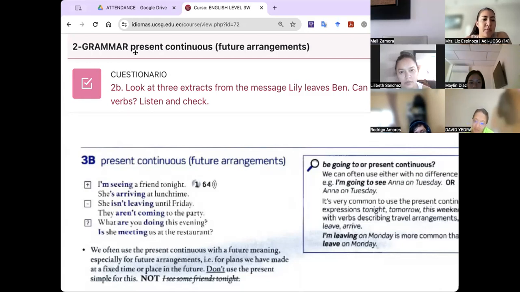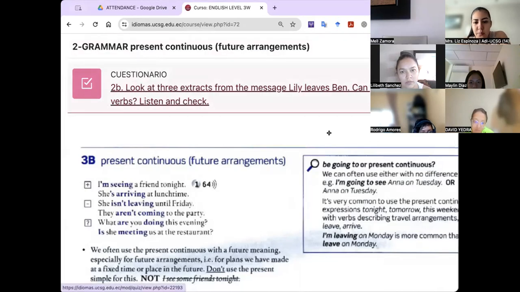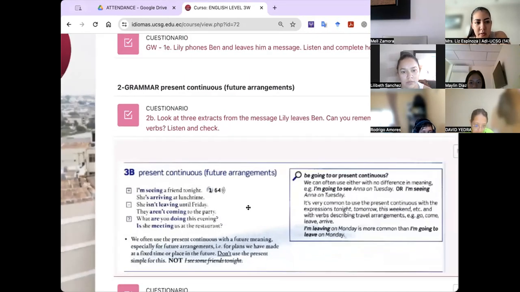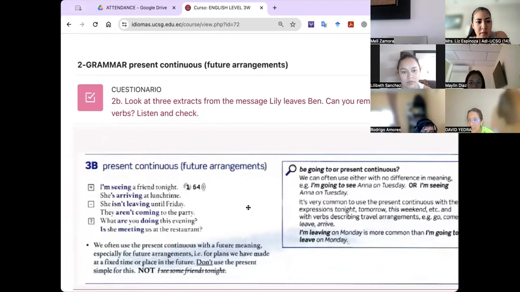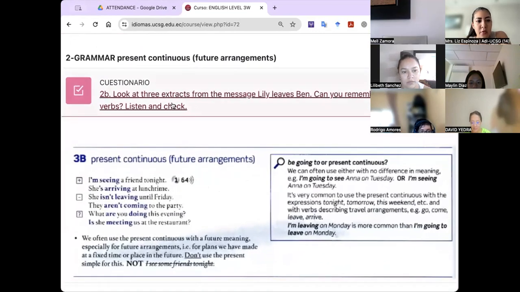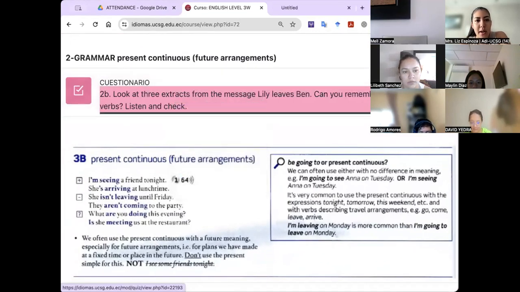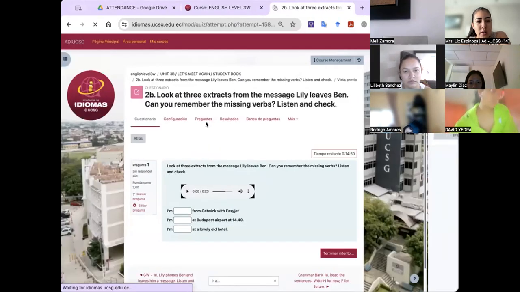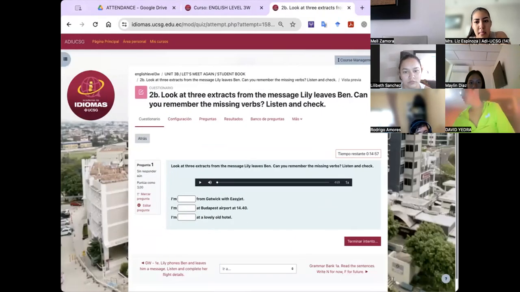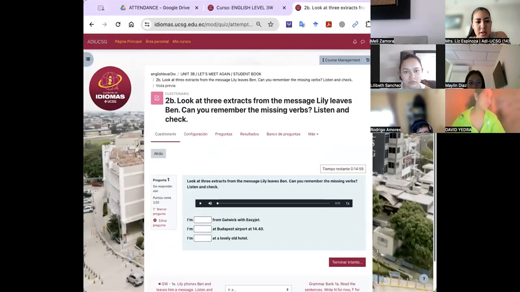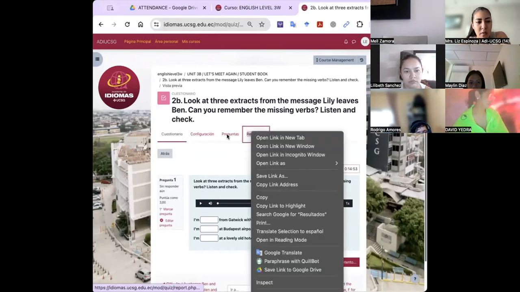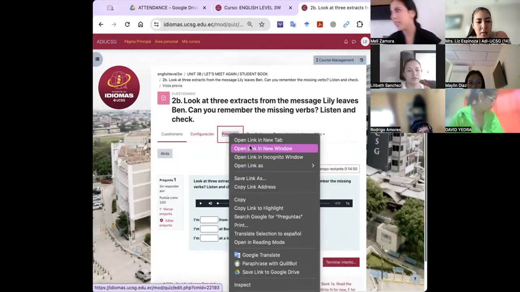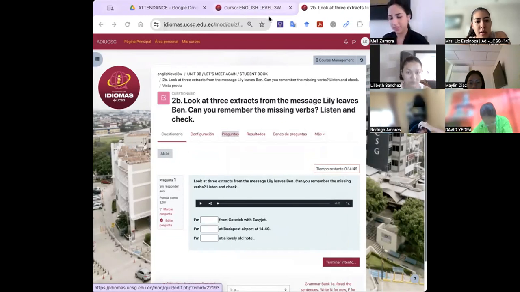So let's see. Wait a minute. So let's do this pre-activity, then we check the chart, in order to see if we know how to answer it, okay? Let me move it so I can see you all. And I'll make it bigger.